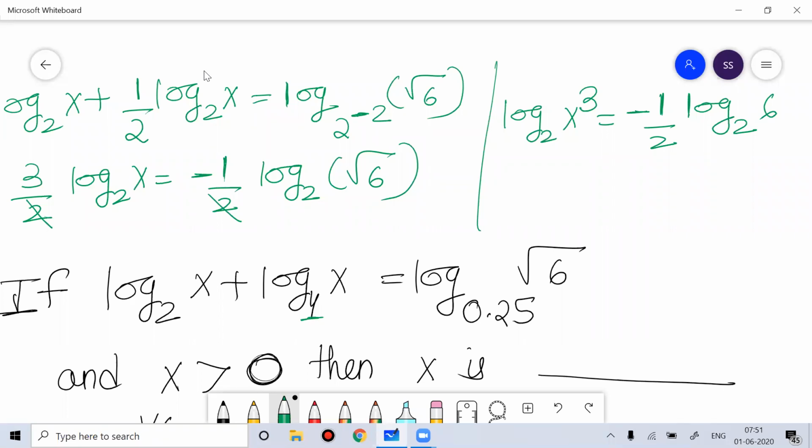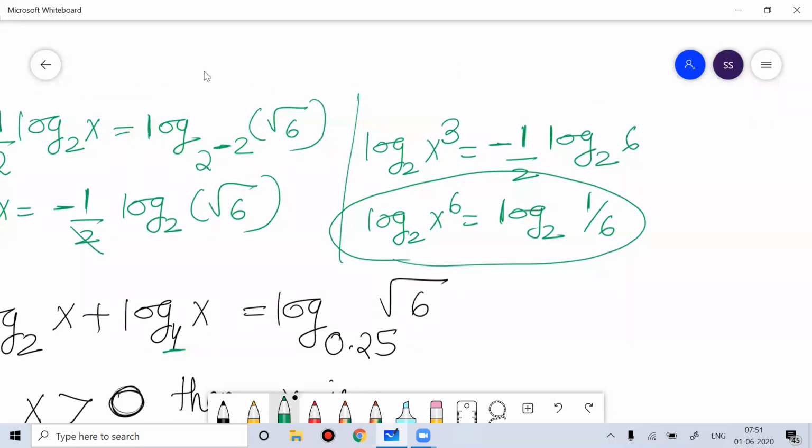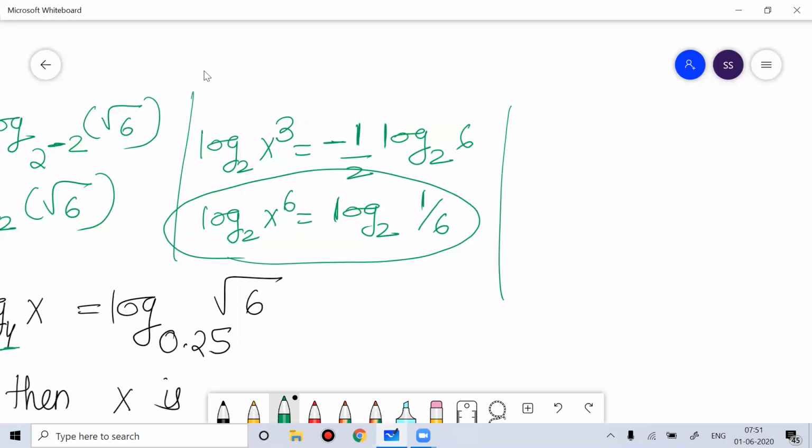So I can write log base 2 of x to the power 6 is equal to log base 2 of 1 by 6, because the minus sign is there. The minus will go that side, so it becomes log base 2 of 6 to the power minus 1, which gives 1 by 6. So x to the power 6 is equal to 1 by 6.